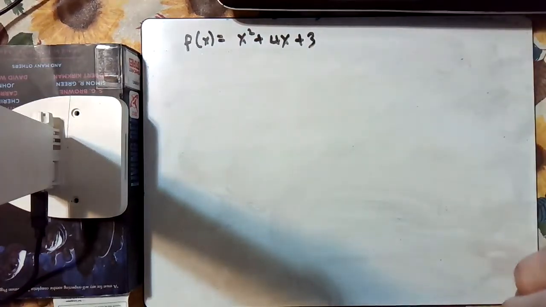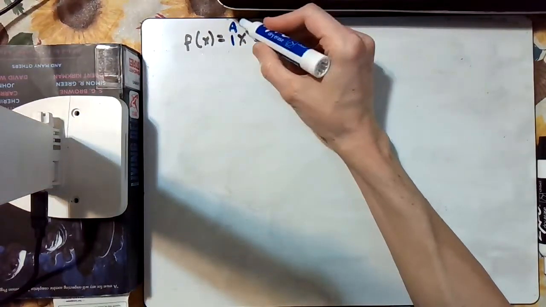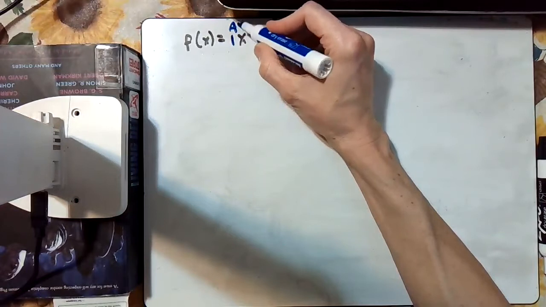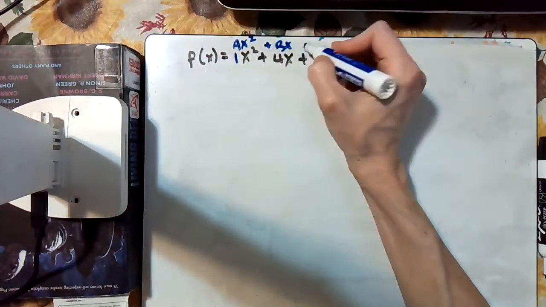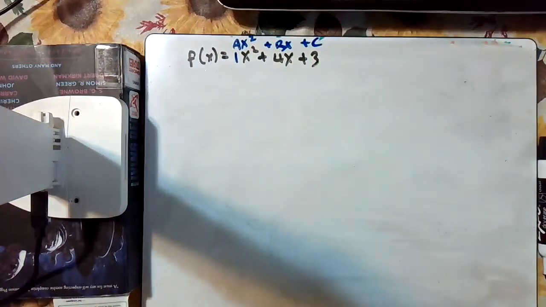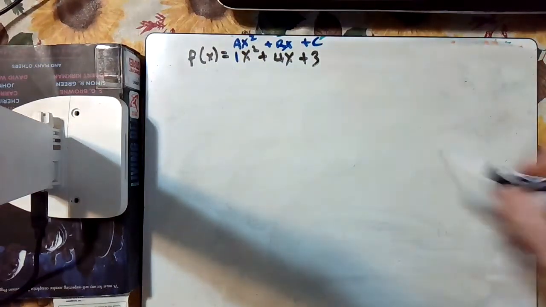So for this, remember, it's in that form ax squared plus bx plus c. And remember, if a was positive, it opened up, right? So we already know that.